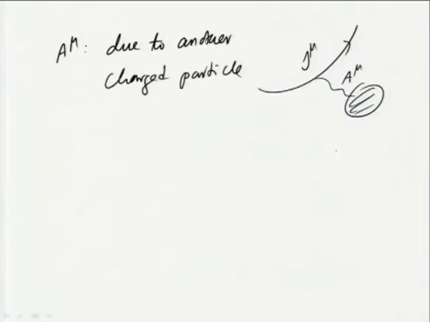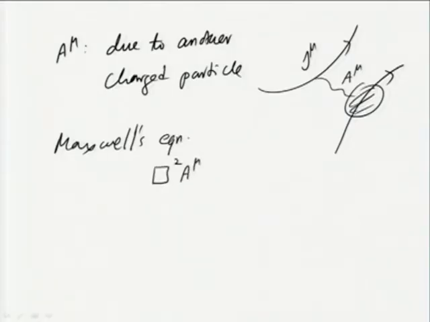In that case, we can associate A mu with this new charged particle, and let us say A mu is the electric field due to that charged particle, and therefore, Maxwell's equation will tell you that box square A mu equal to J mu, where this J mu is not the earlier current, but this is the second current due to which the first current, or the first particle, sees an electromagnetic field A mu.